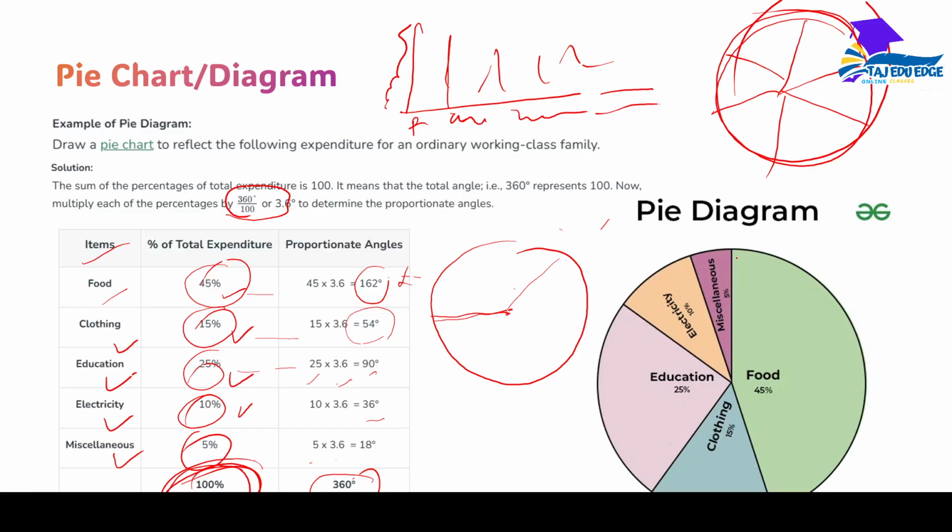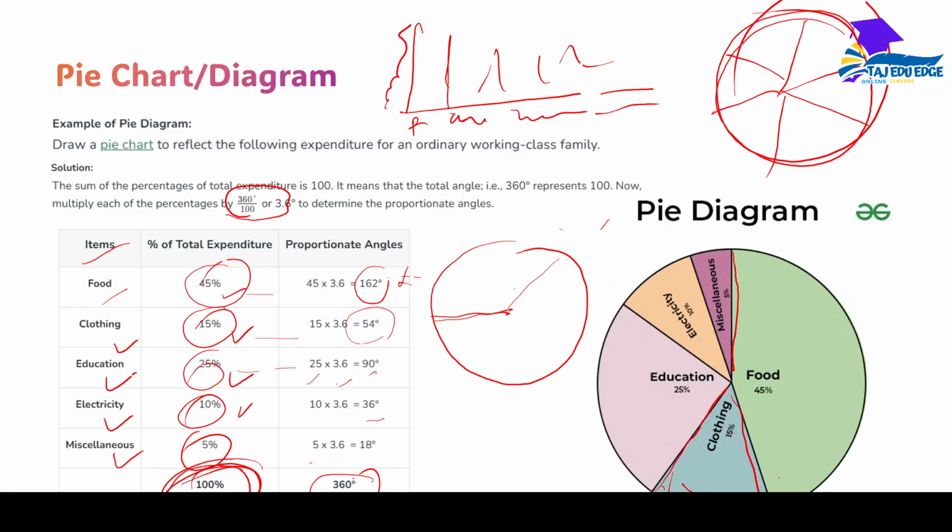This line we first need to draw, keep a protractor, and see it is 162 degrees here. Once it is done, again we need to keep a protractor on this side, and see 54 degrees. That is 15%, clothing. We need to join that line.